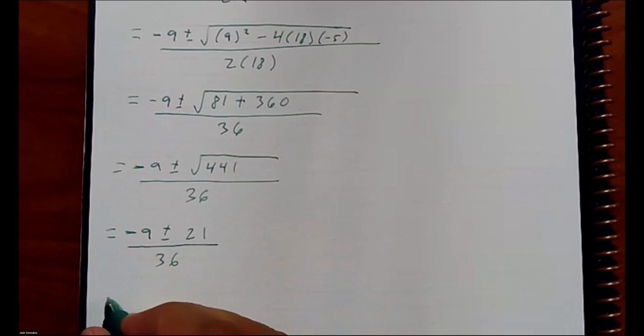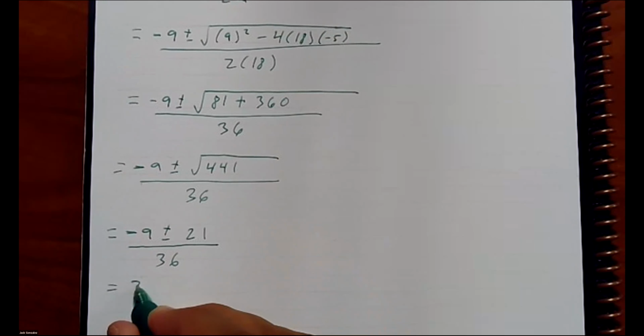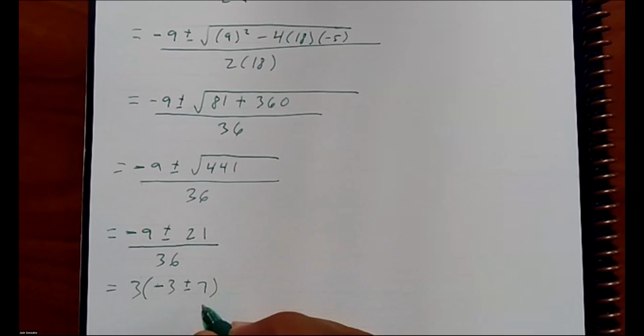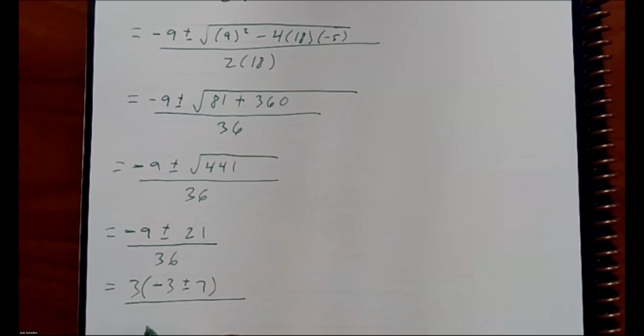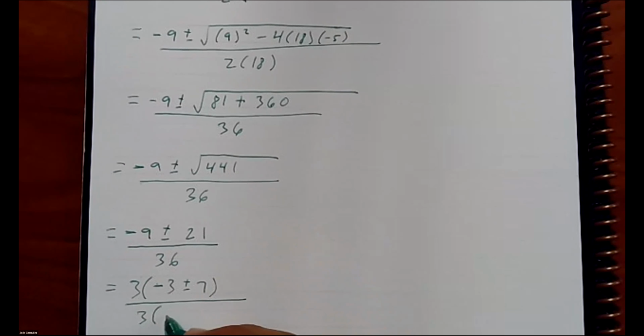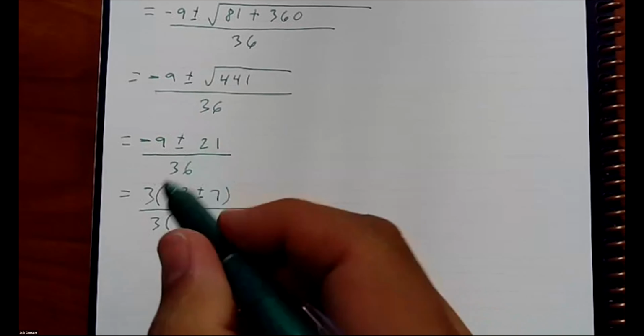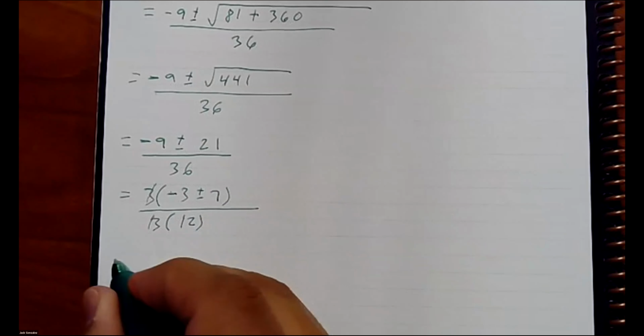We can factor a 3 into both. 3 times 12 is 36. So these will cancel, so we can reduce a little bit.